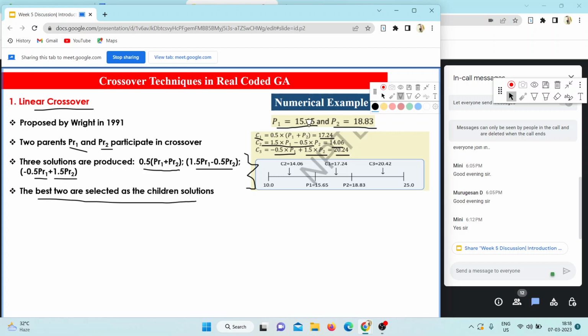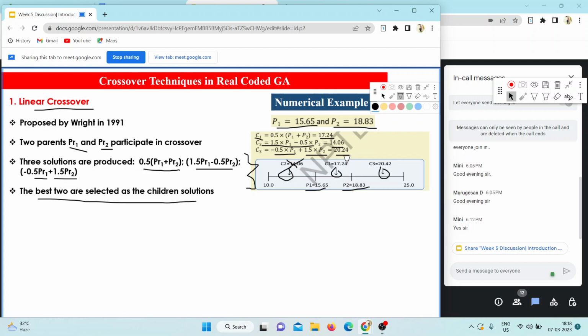So for these two parents, 15.65 and 18.83, we are getting three children solutions: C1, C2 and C3. If our problem is maximization, then we will cut this solution, because we don't need it, as we are doing maximization.